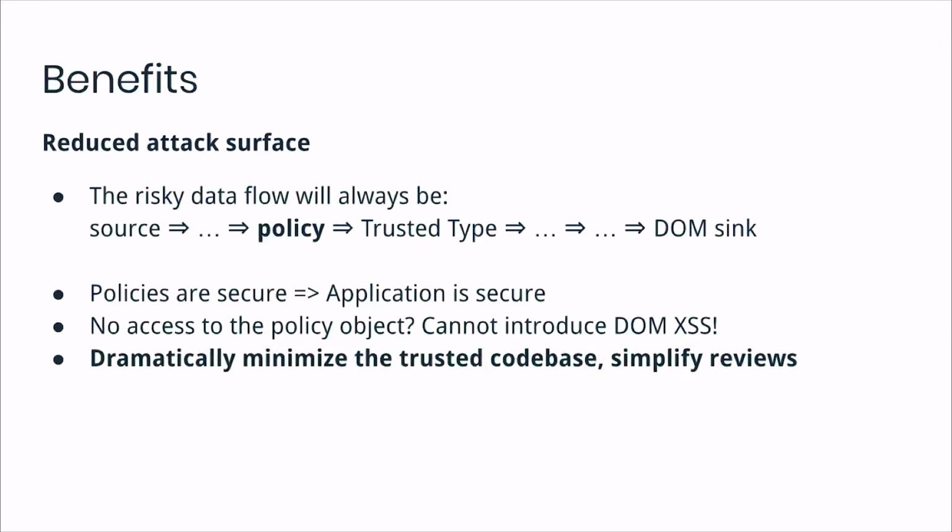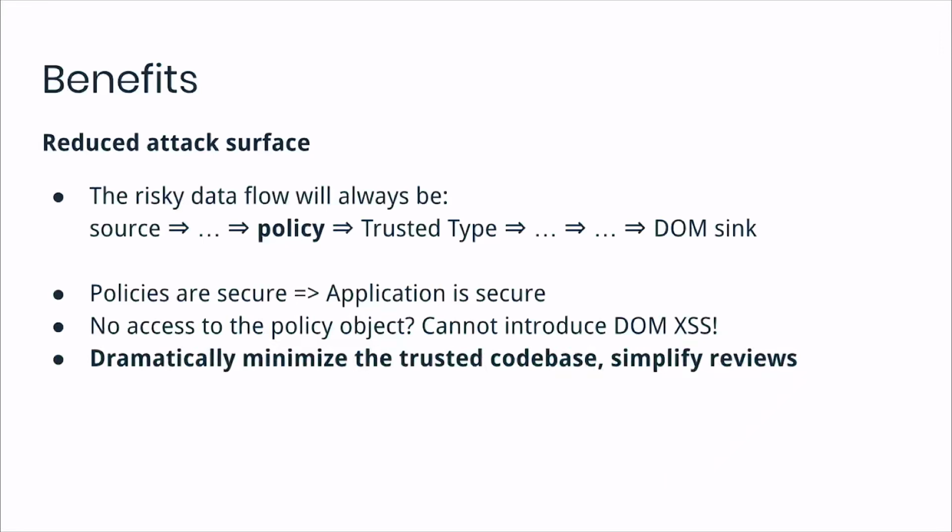It does follow that if your policies are secure, then your application doesn't have DOM XSS. And that's a very critical thing for trusted types. Very good, big advantage here. If you do not have access to the policy object, you cannot introduce a DOM XSS.